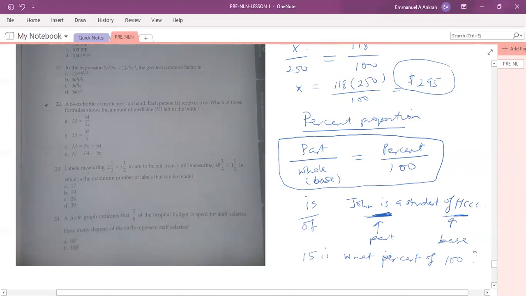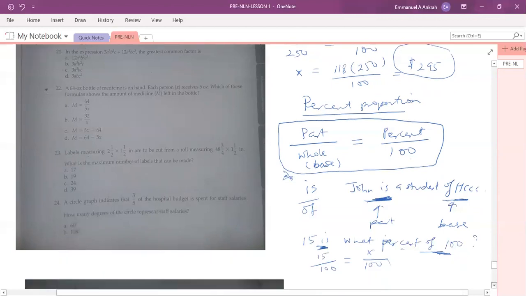So you identified the base and the part. 15 is, because the 15 is a portion, so it's 15 over the base, which is "of" 100. So that's 100. Then it's equal to, you're looking for a percent, so that's X, we don't know, out of the 100. And then you can work out the X, right? So this is the idea of using this formula to create a proportion for solving. Okay. So we'll pause here for today.